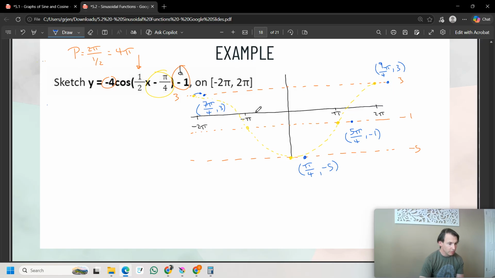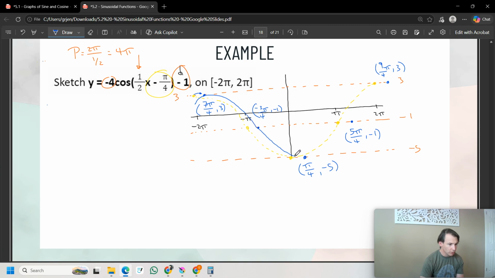And this one is minus 3 quarters pi. Sorry, minus 3 quarters pi. Minus 1. Okay, so there. Now we're going to join these with a beautiful curvy line.